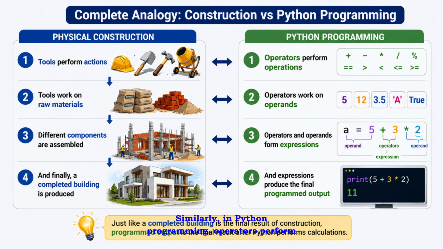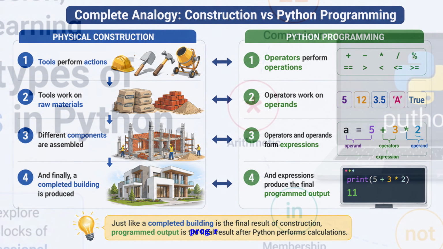Similarly, in Python programming, operators perform operations on operands. Operators and operands form expressions, and expressions produce the final program output. So this is the basic idea behind operators, operands, expressions and output in Python programming.